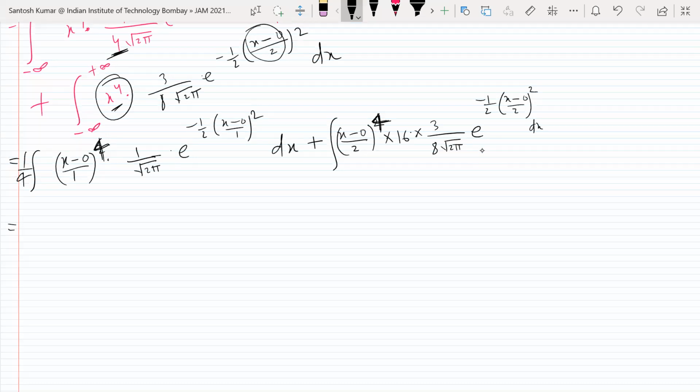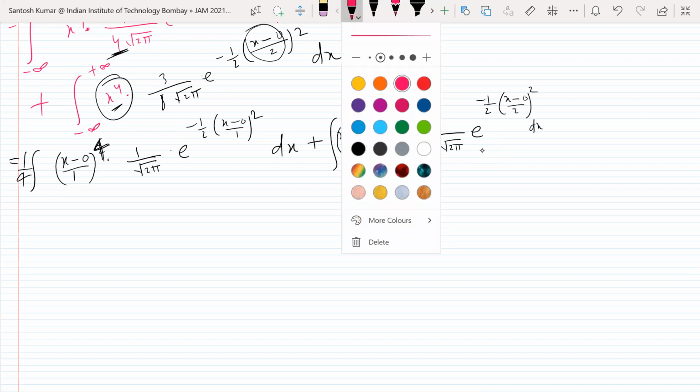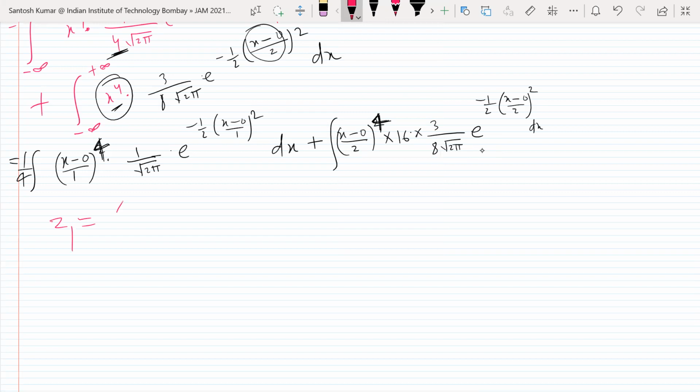Just notice what I wanted to try. Here I will change the variable. Change the variable means we assume z1 is equal to (x minus 0) upon 1, and z2 is equal to (x minus 0) upon 2.